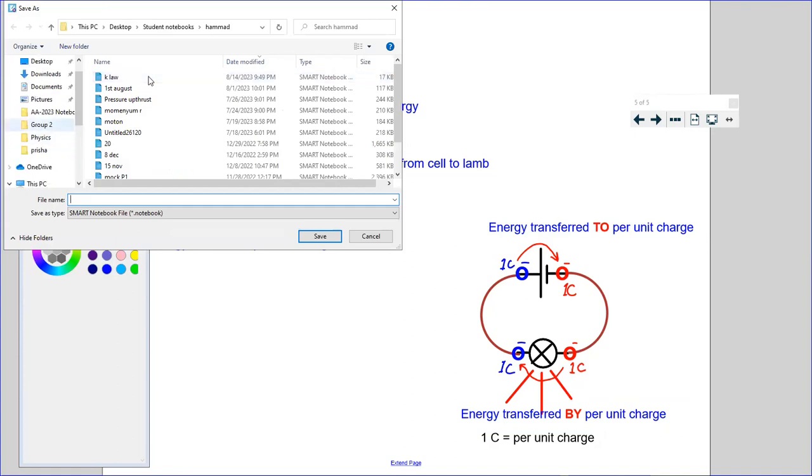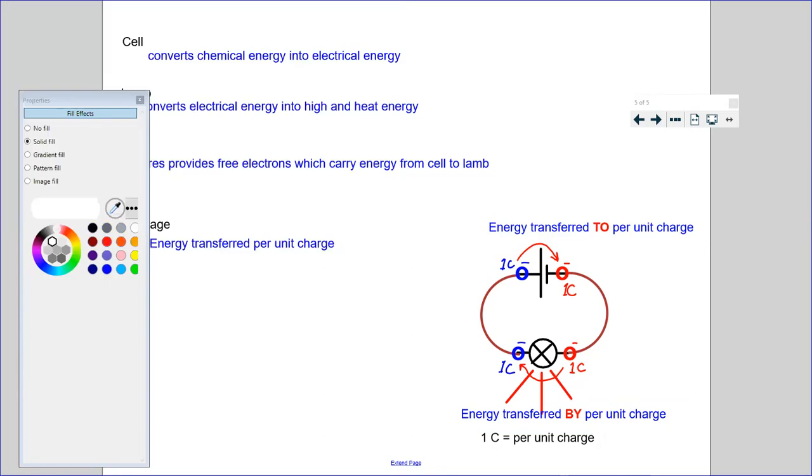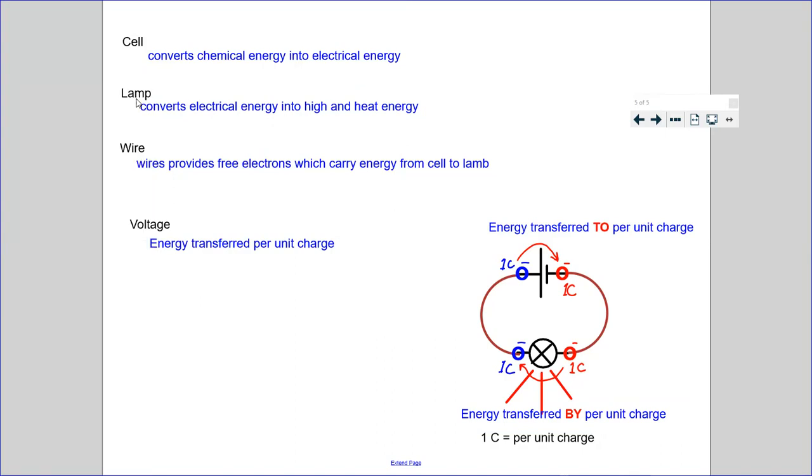Just withdraw this. So is that clear? So whether it's to or by, it's the same thing. It is voltage.